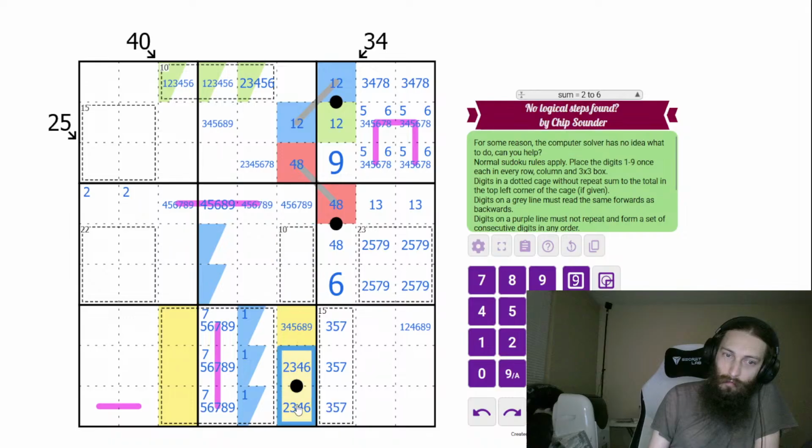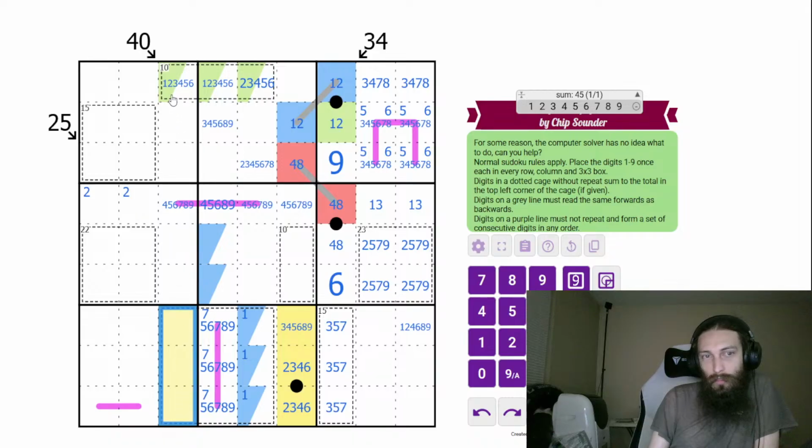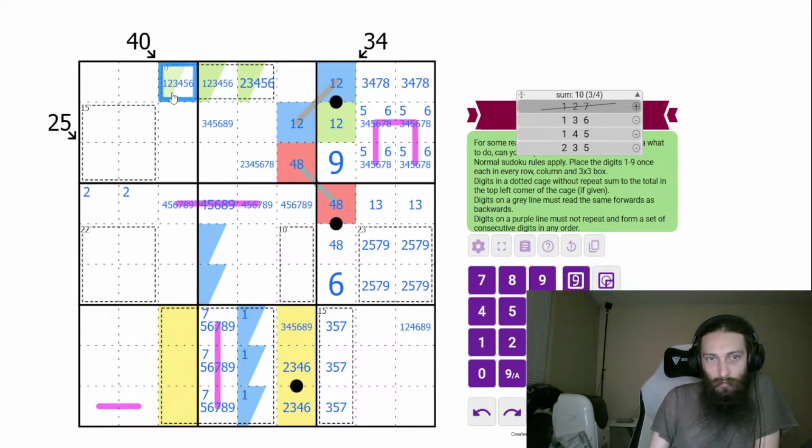If green is in here, then this is a 3, 6, making that 7, 8, 9, making this 4, 5, or 6, if we remove 9 from both of those. If we have 3 and 6 here, then it must be over here, which means it's not there.